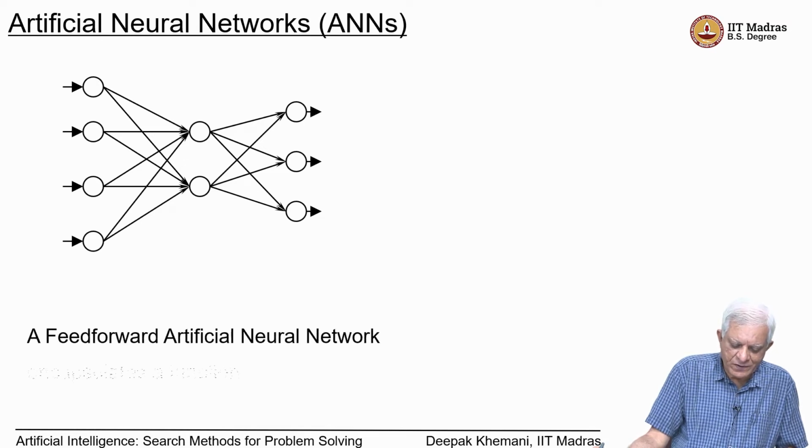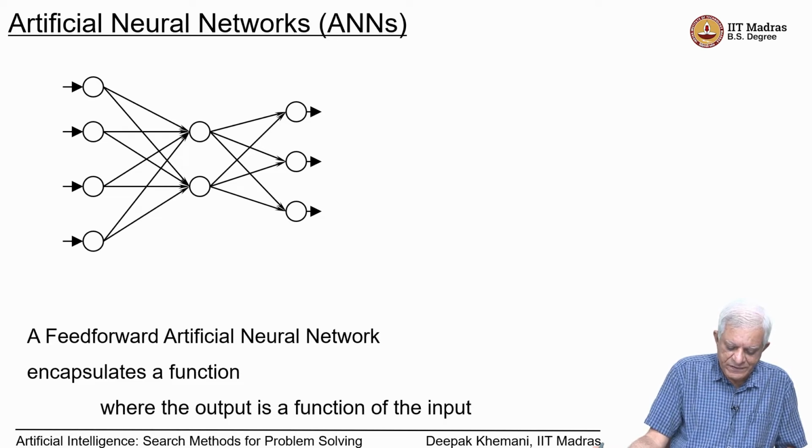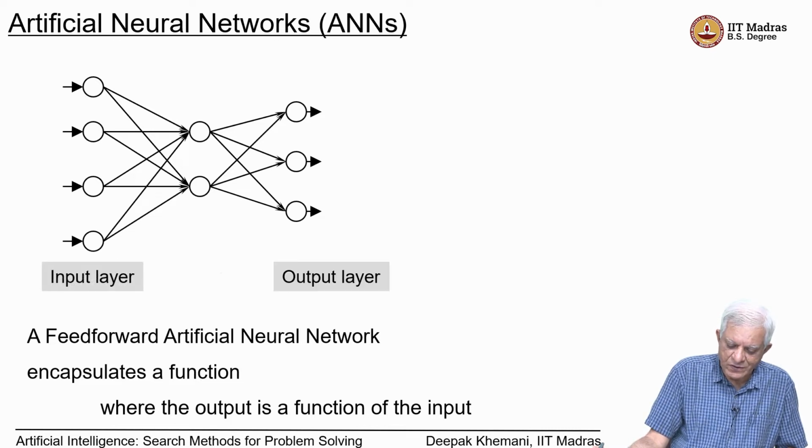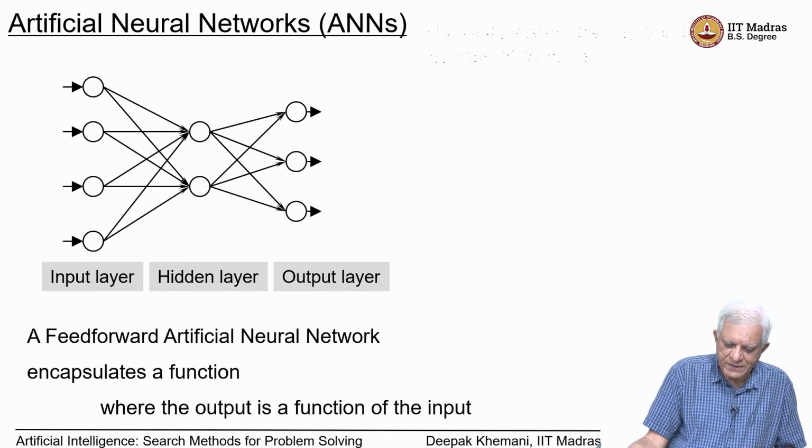This is a feed forward artificial neural network. It encapsulates a function where the output is a function of the input. There is an input layer, an output layer, and some hidden layers, and nowadays, of course, in deep neural networks we have many hidden layers.